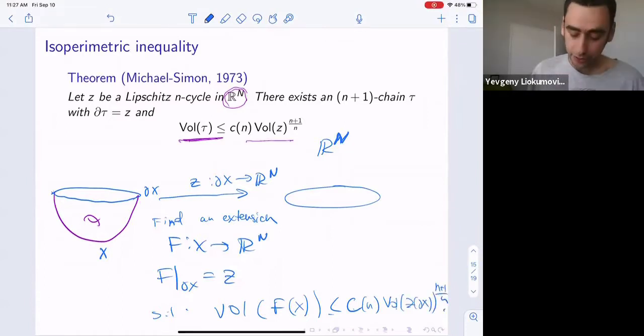So you can reformulate this inequality in this way, and in fact, the original proofs can be modified so that you actually have this statement.